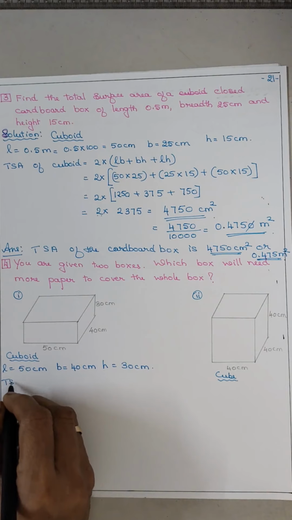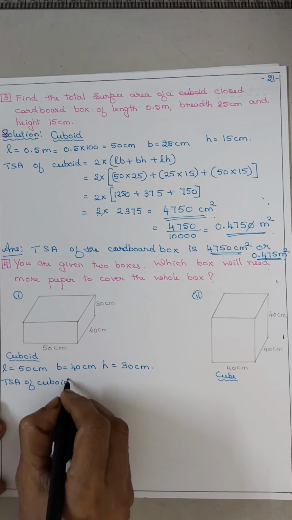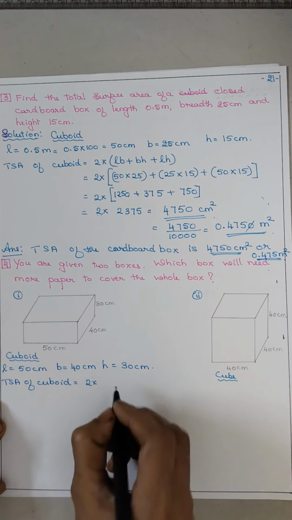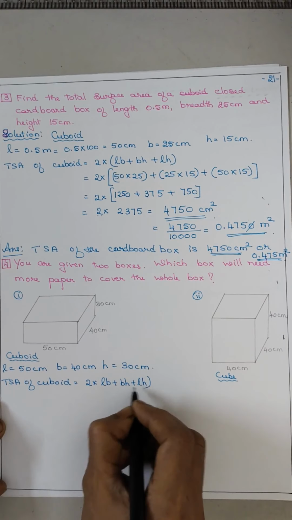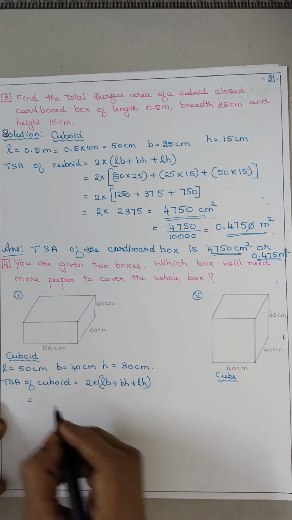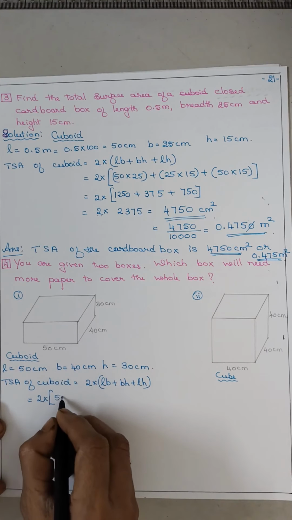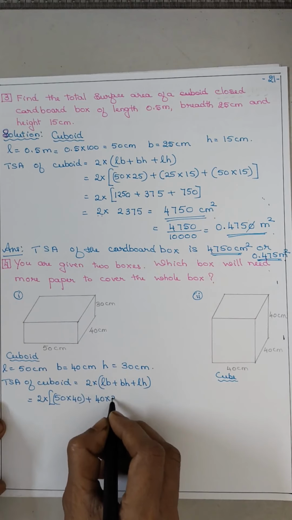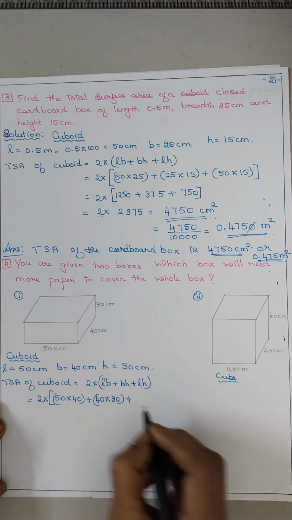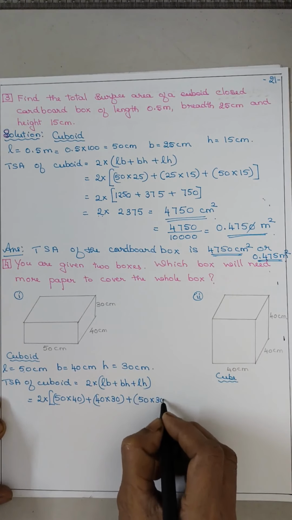Now TSA of cuboid is equal to 2 into LB plus BH plus LH. 2 into LB 50 into 40 plus BH 40 into 30 plus LH 50 into 30.